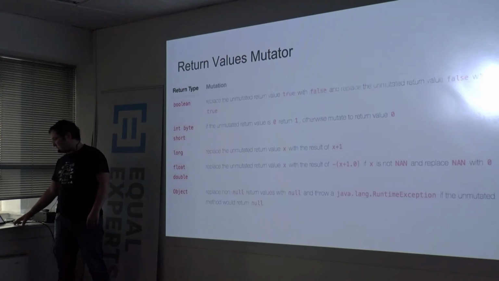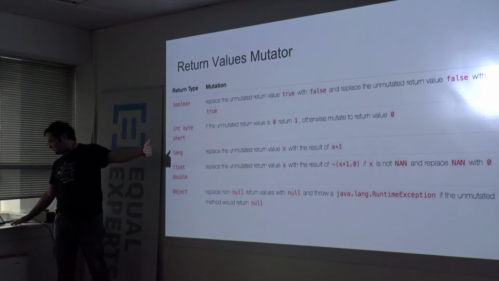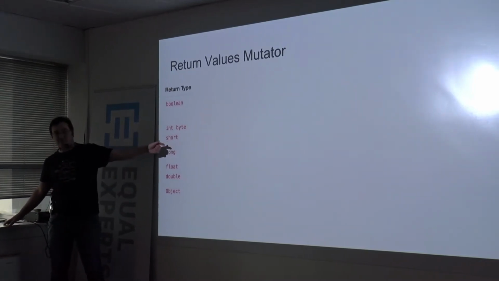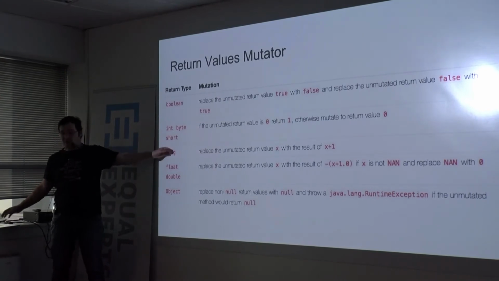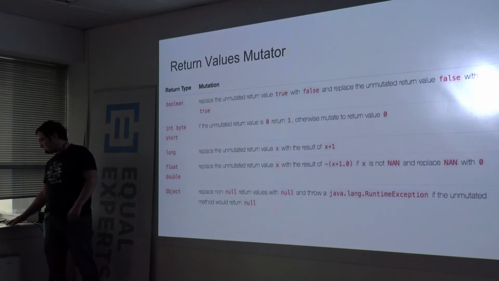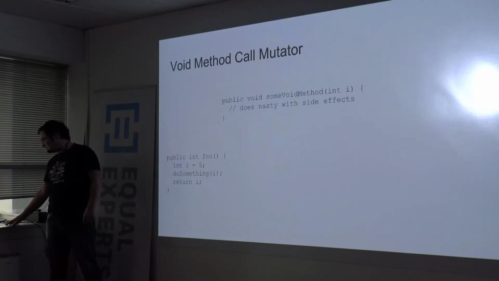Whenever you're returning values, this is different from the previous one. That one is just for constants. The return values mutation is when you're actually returning the value, which is a different use case, but it does pretty much a similar thing. Void method calls.